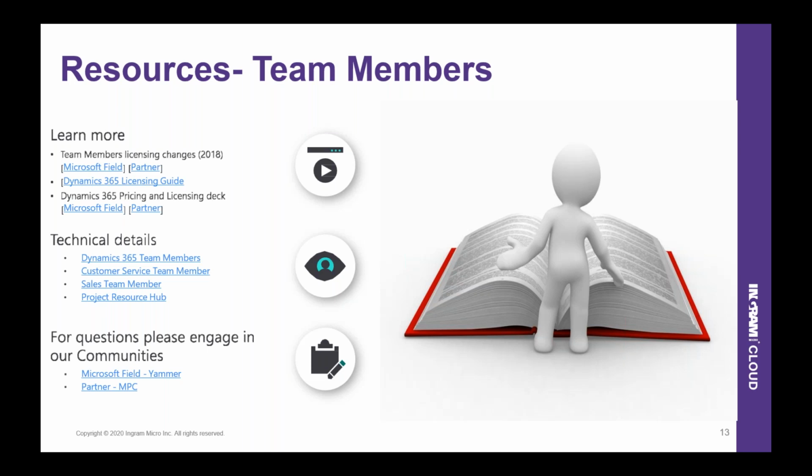And if you have any questions, there is the Microsoft Field Yammer, where potential partners post their questions and it's always addressed by one of the team community members or even by Microsoft. Or you can even post it from your Microsoft partner community.